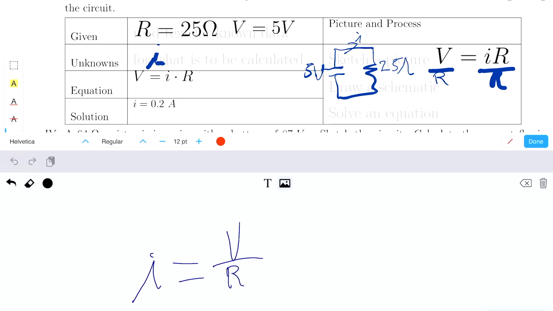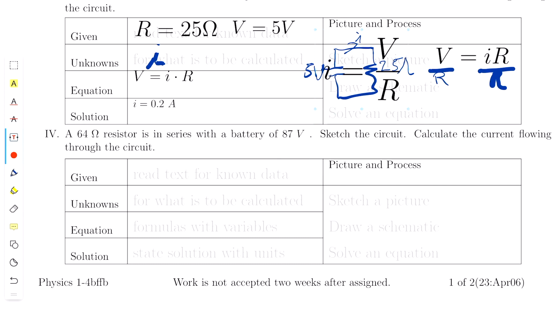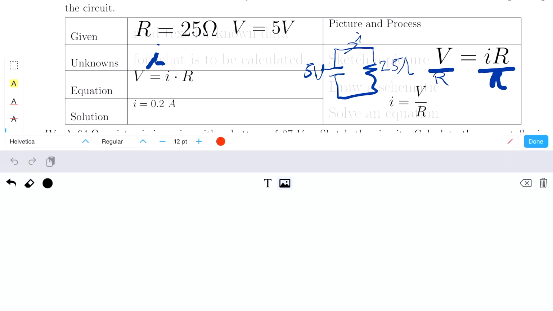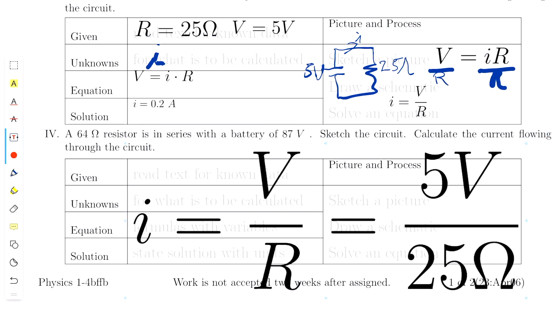Okay, so let me see if we can just do this all together. So we get the equation I equals V over R. V is, the battery is 5 volts, R is 25 ohms.